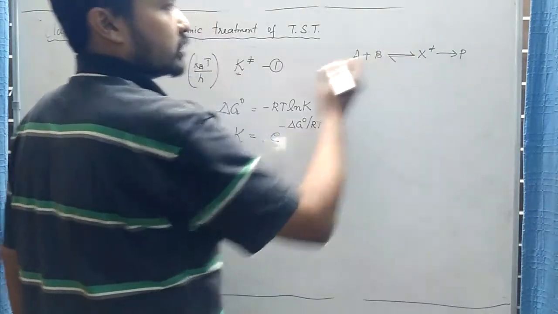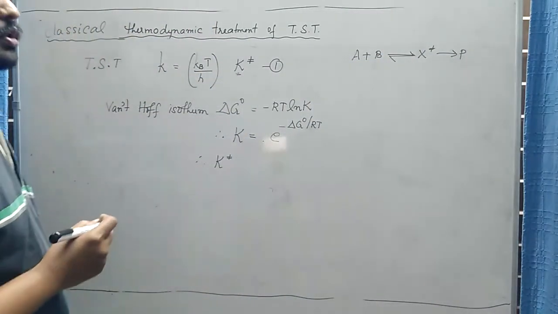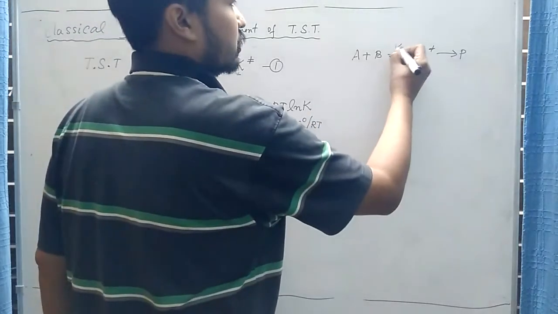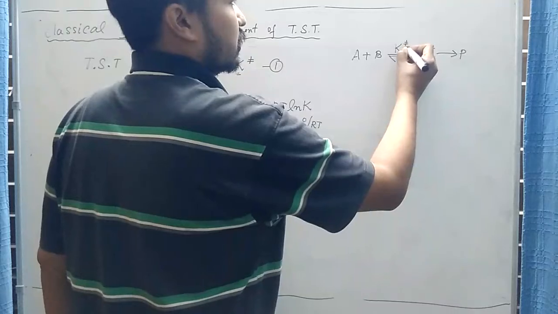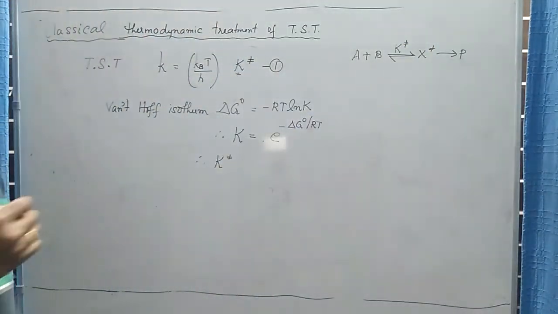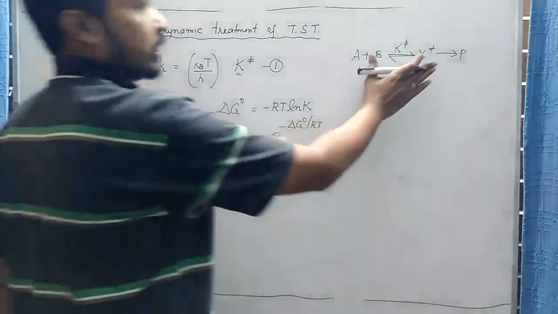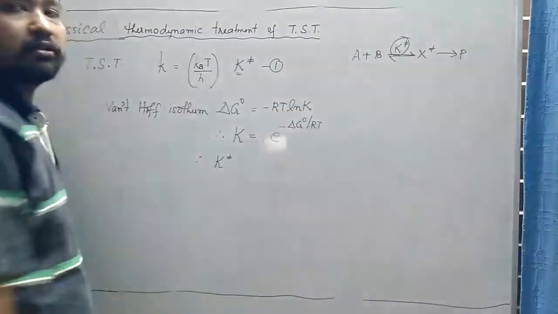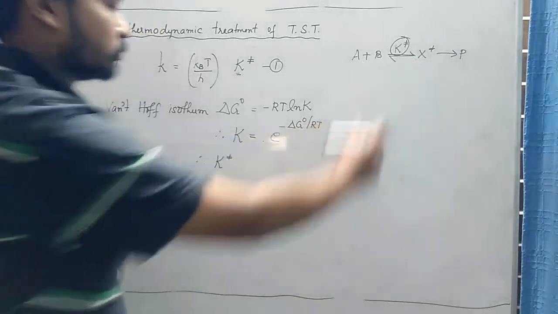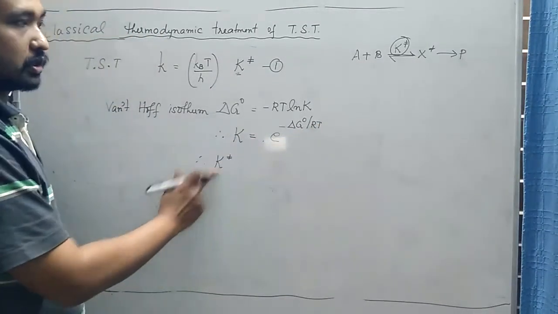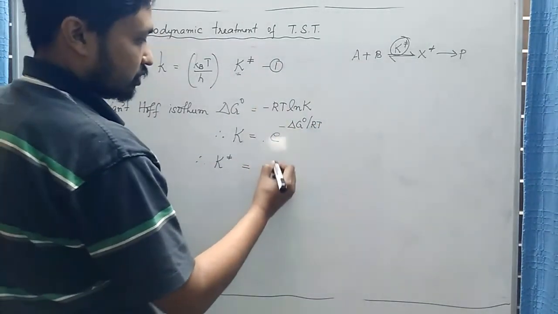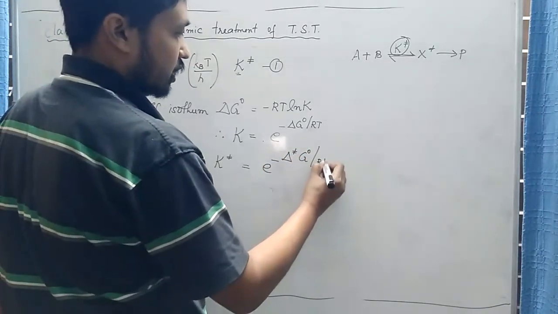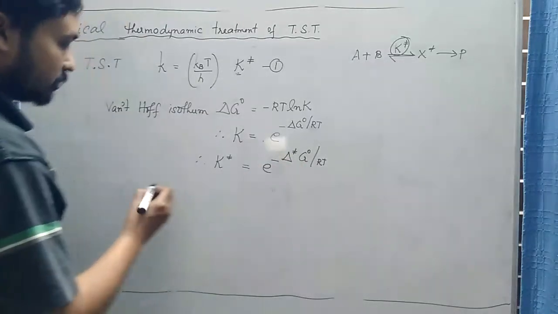It is assumed that there is an equilibrium, only for the sake of calculating the concentration of the activated complex, between reactants and activated complex, and K dagger is the equilibrium constant for its formation. So K dagger can be written as e to the power minus delta dagger G naught divided by RT.